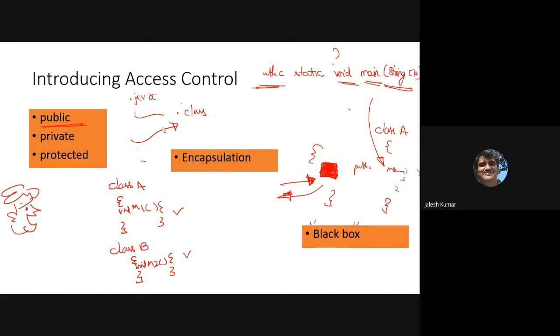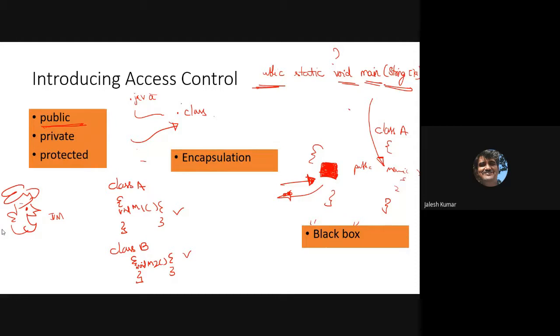So JVM will search for main. Where is the JVM residing? JVM is residing outside the class, and we want the main method to be available to it.